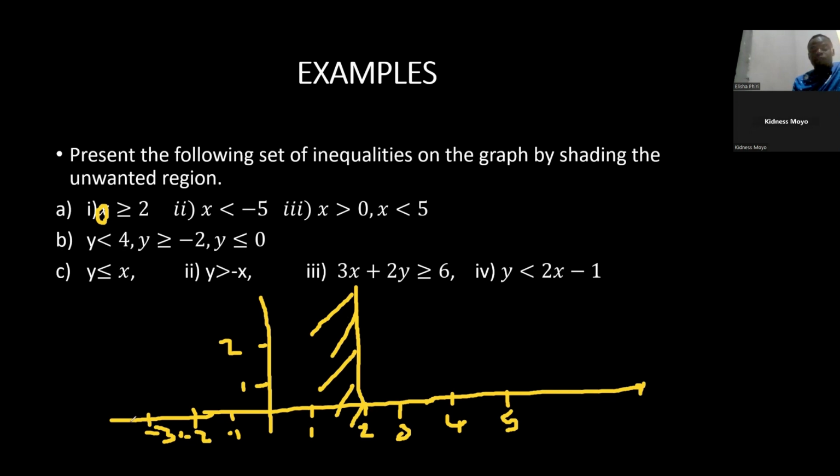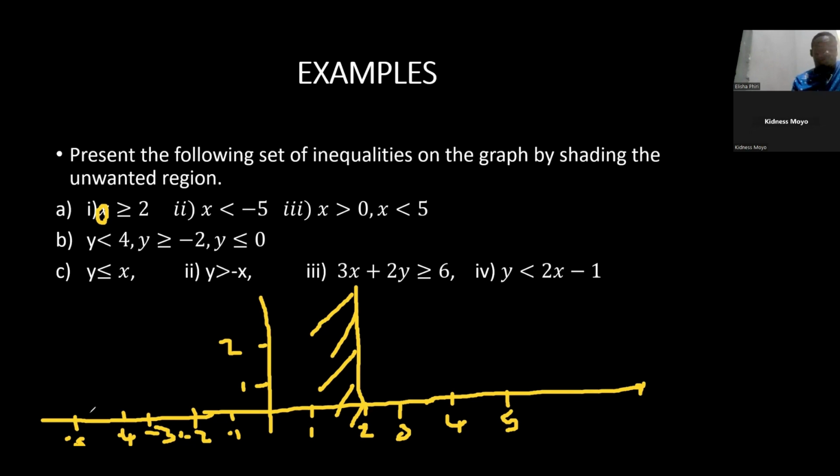We move on to this one, though it won't fit here. -3, -4, we'll take it anyway. This is -4, then -5 is here. So this one is x is less than -5. Is it going to be a bold line or a dotted line?